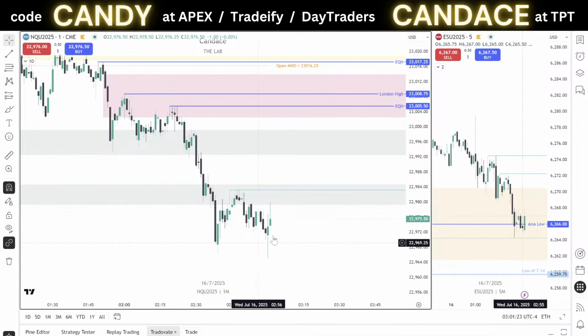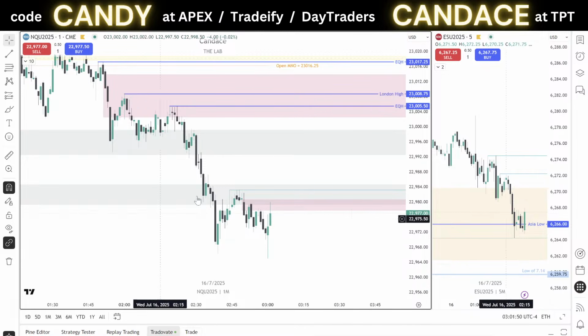If I enter right here, it's gonna look like I'm chasing price. Why are you doing this? This is bad. I'll see if a candle body goes above this average.